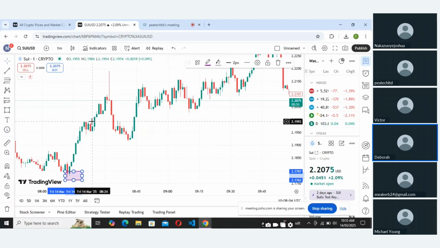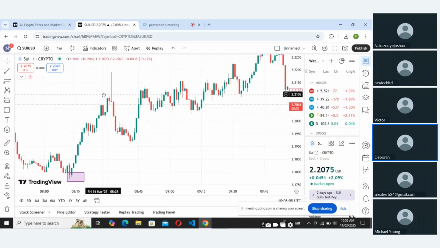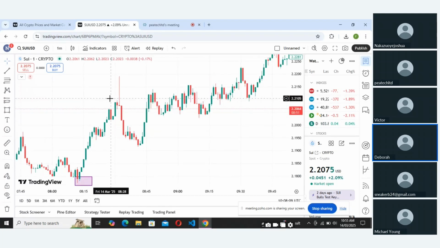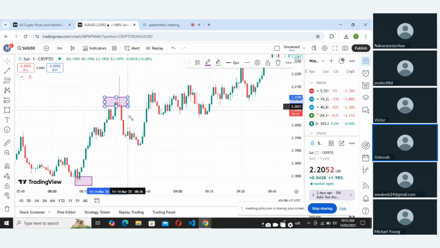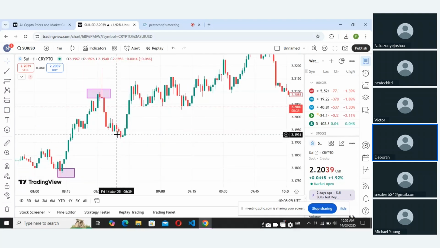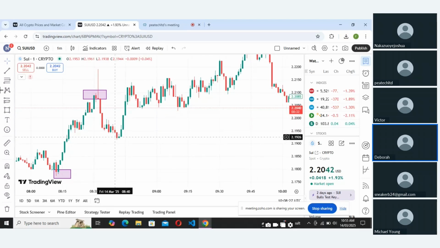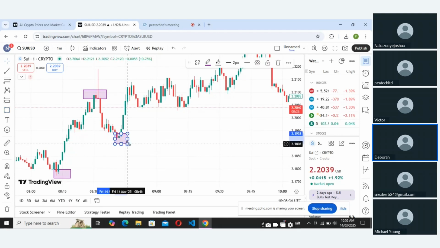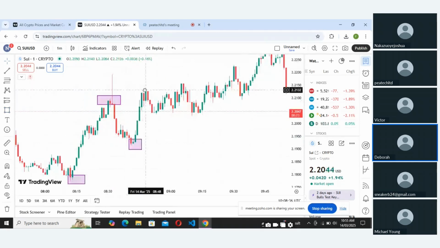An upward trend to this place, went upward and faced a resistance here at this point. So the market came back again and it's like a low here. Then it continued again to this point.